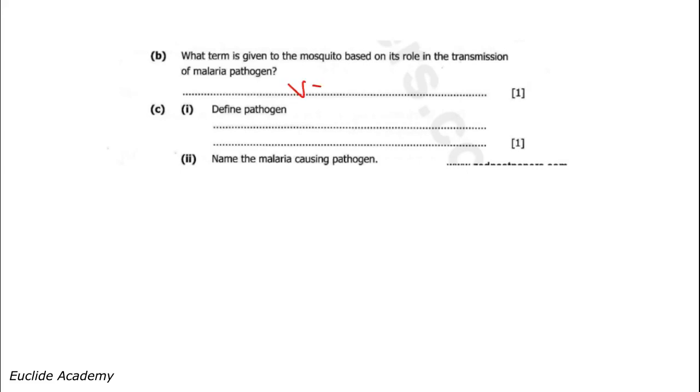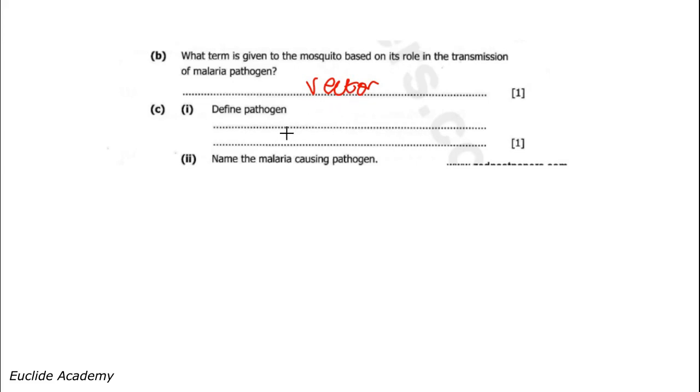B and C part. The B part says, what term is given to the mosquito based on its role in the transmission of the malaria pathogen? The term that we use is a vector.